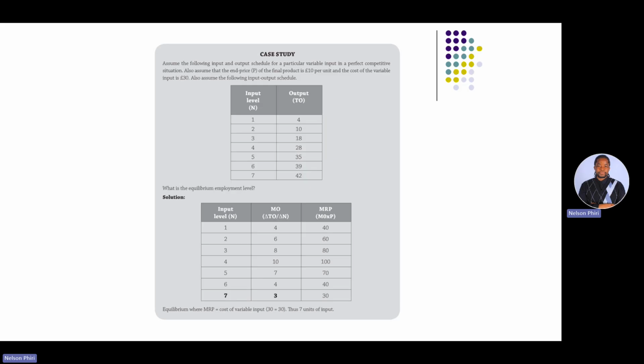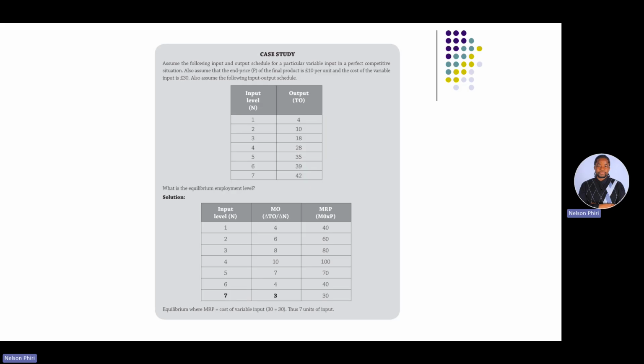We want to get an equilibrium point and calculate the output level in terms of production that leads us to equilibrium. Your equilibrium is when your MR equals MC. In this particular case, it will be MRP equals MFC. Your MFC is your marginal factor cost, and we are given in the information of the question that the cost of the variable input is 30 pounds. So your MFC is equal to 3 pounds.